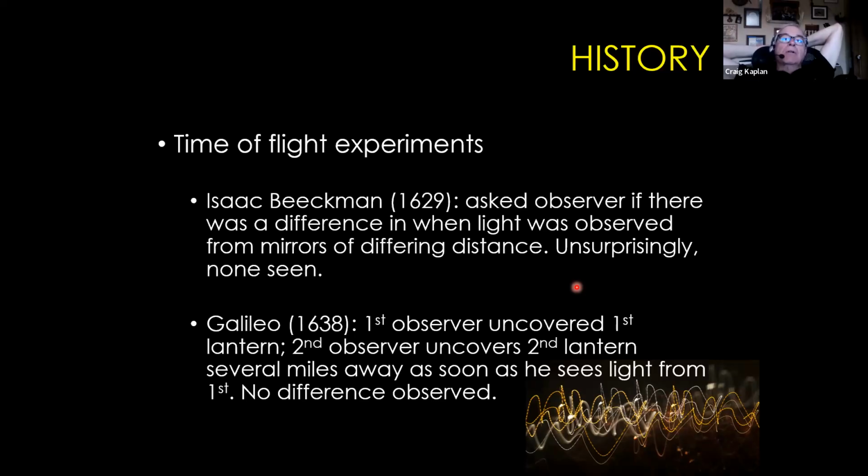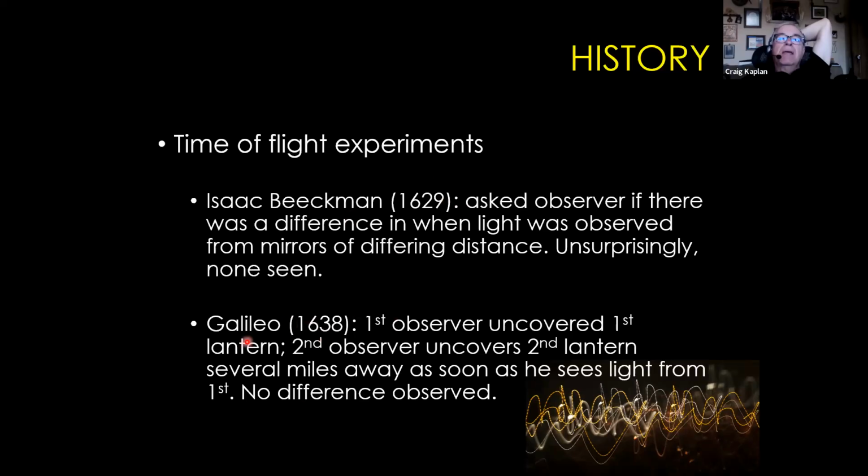But he was using hilltops as opposed to thousands of miles away. So although there was a slight unmeasurable difference in how long it took the light to get to the more distant mirror, it was unobservable from his perspective with the measurement tools he had.